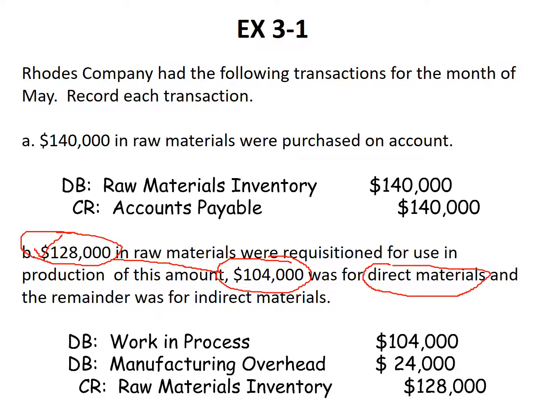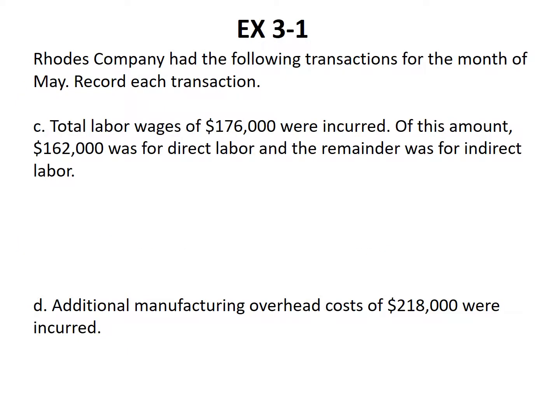Okay, let's go on to the next 2 transactions, C and D. So in C, it says total labor wages of $176,000 were incurred. Of this amount, $162,000 was for direct labor. So again, $162,000 worth of labor went into direct production cost and therefore work in process.